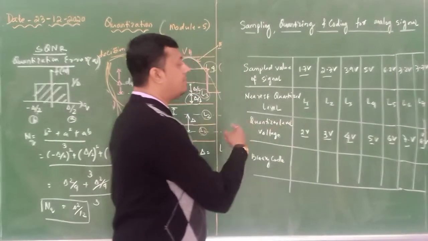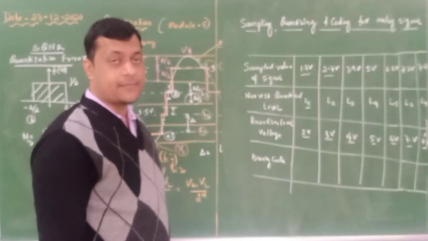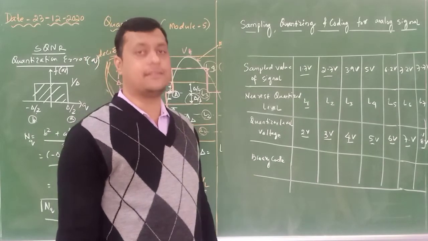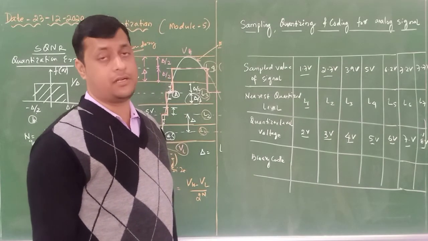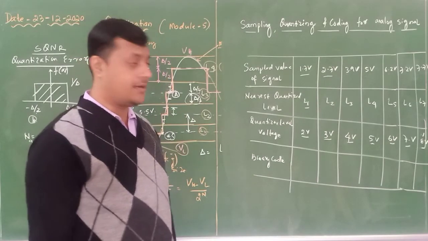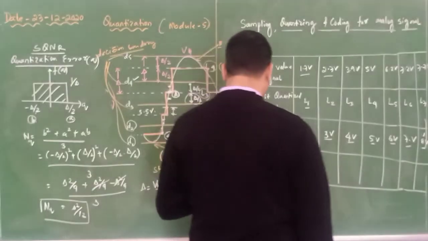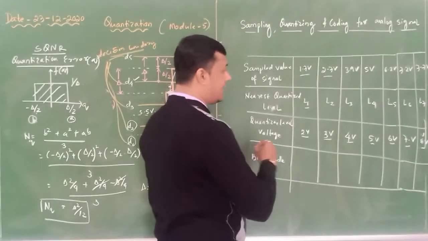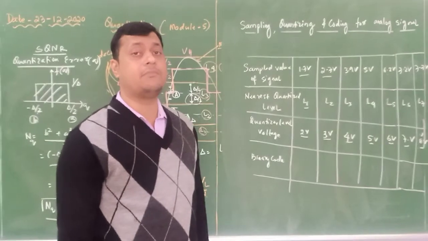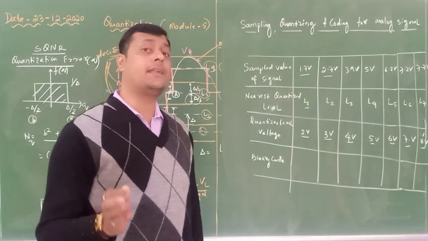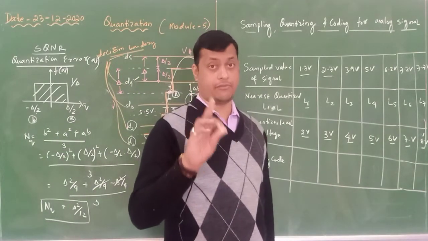Now, how many levels are there here? The number of levels here is 8. So you need to assign those particular levels with the binary data. Since there are 8 levels, how many binary bits do we require? The number of binary bits we require is 3 for each level.